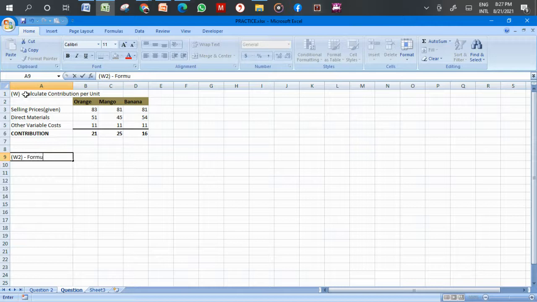So let's now formulate our linear programming model.